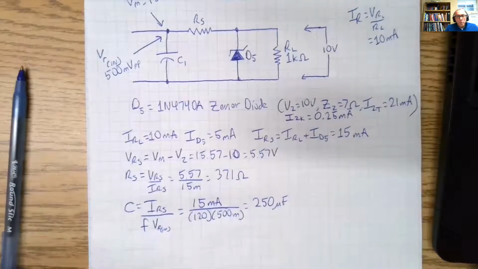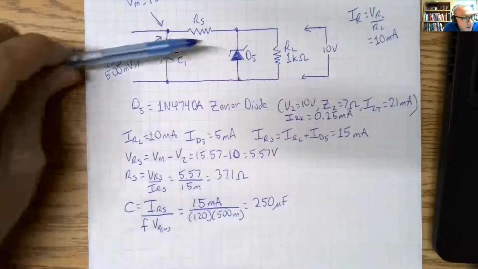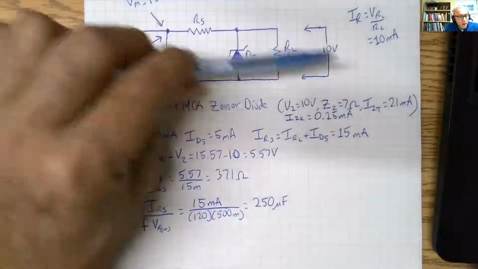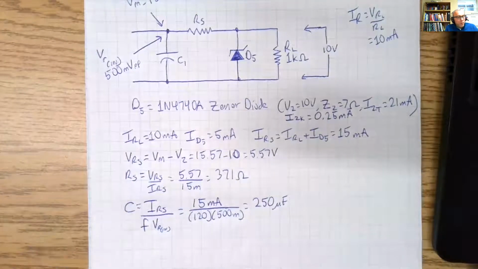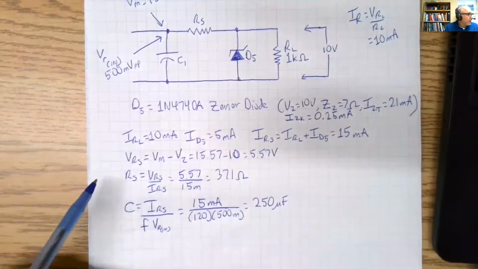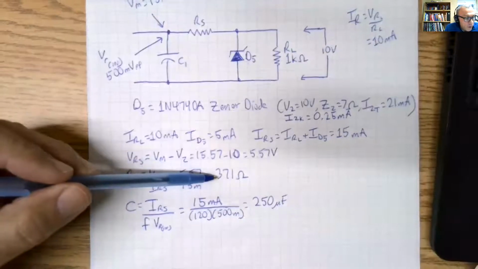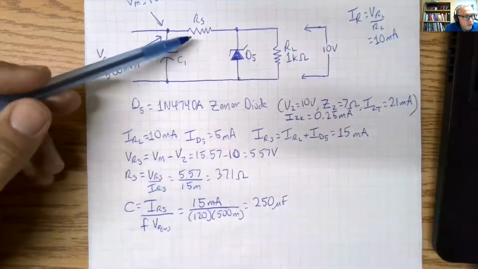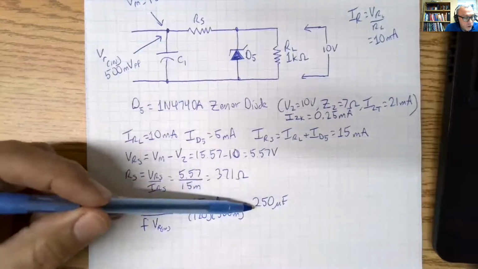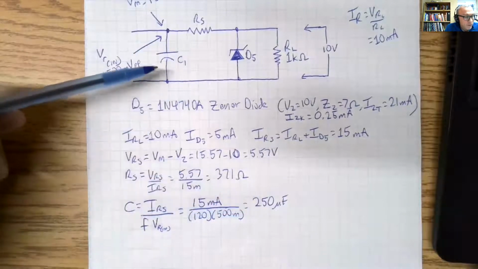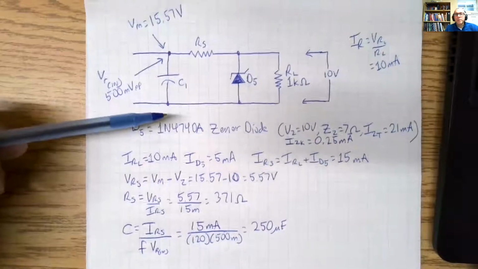So we're talking about a big capacitor here. And it's really not necessary because a lot of that is going to get shaved off, as you're going to see soon. So what we have here now in this circuit is a 371 ohm resistor for RS and a 250 microfarad capacitor for C1.